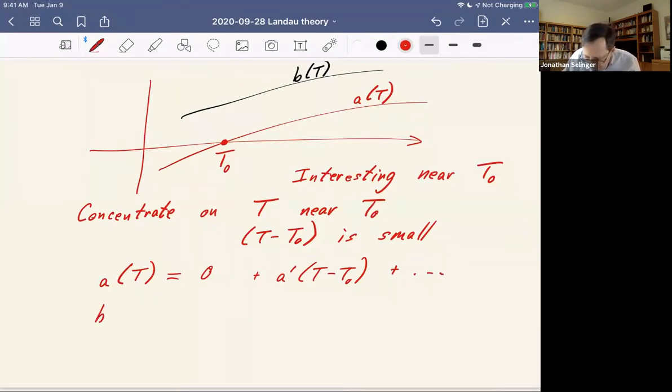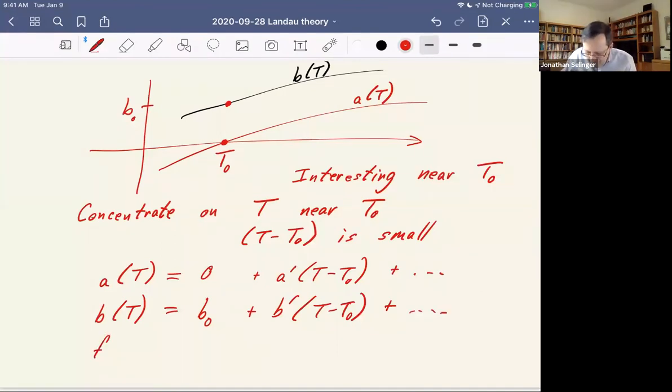And B of T is its value at T0, so that's this thing, B0, plus B prime T minus T0 plus higher order terms. And F0 is, again, a constant F0, 0, whatever you call it, plus F0 prime t minus T0, right, etc.